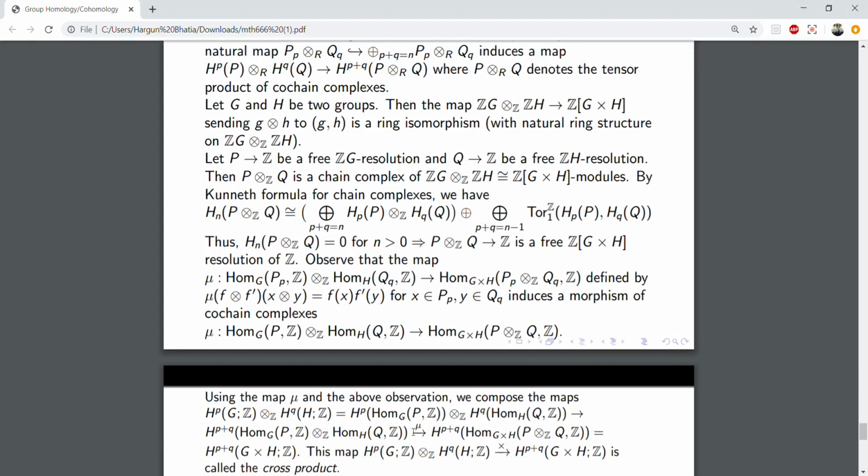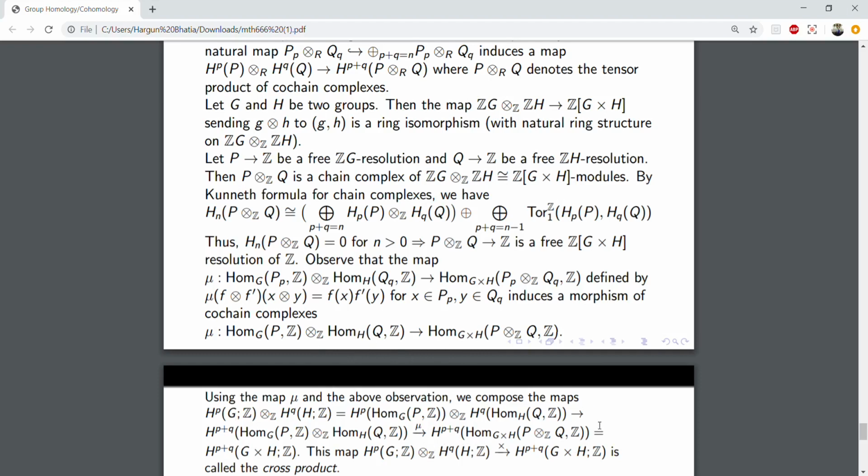But the pth cohomology of this, since P is a free resolution, is nothing but the group cohomology. Now we already know that there's a map from Hom(P, Z) tensor Hom(Q, Z) to Hom_{G×H}(P tensor Q, Z). So apply this mu map. Of course a map of cochain complexes induces a map between their cohomology. So apply that map to get a map to the (p+q)th cohomology of this cochain complex.